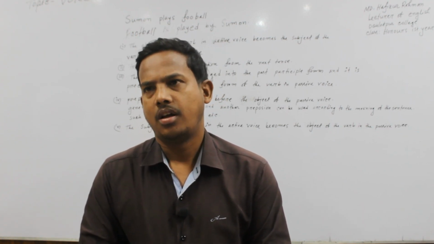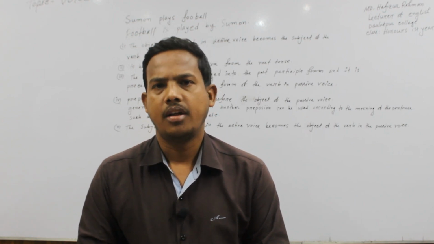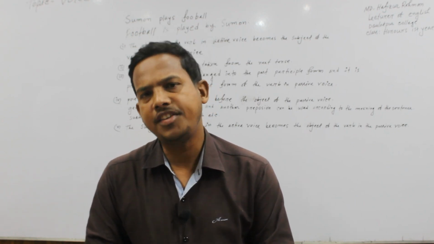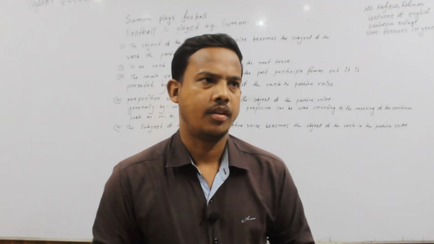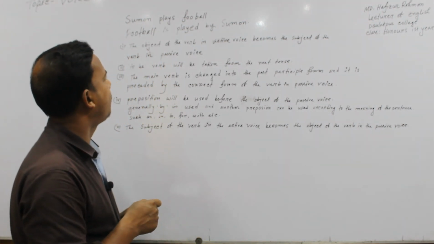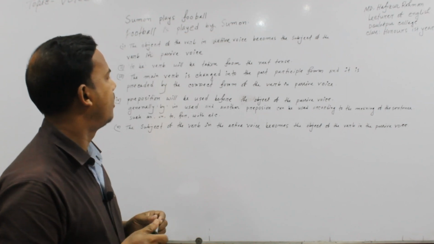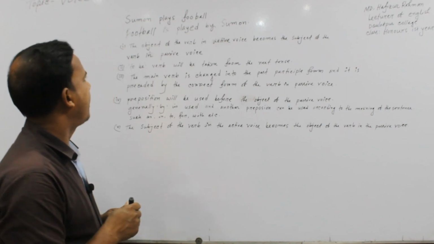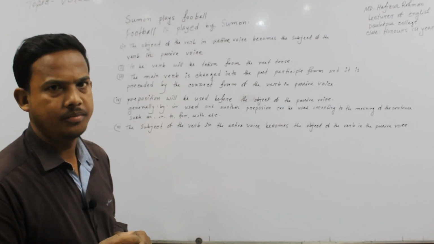Now, I would like to discuss how an active voice can be changed into passive voice. If we want to change an active voice into passive voice, the sentence has to have an object.